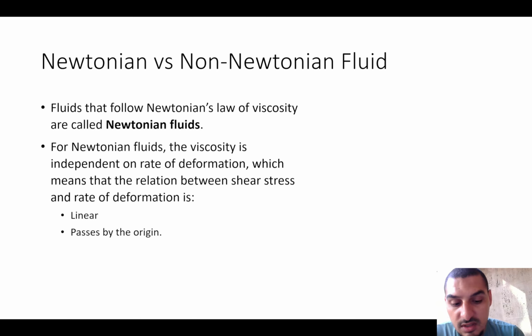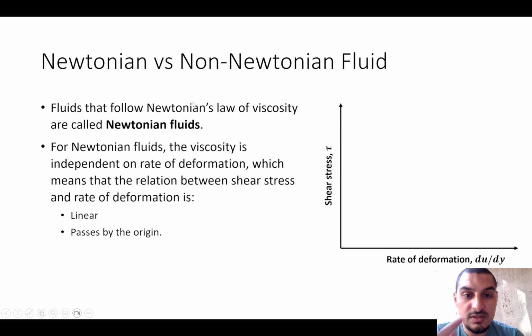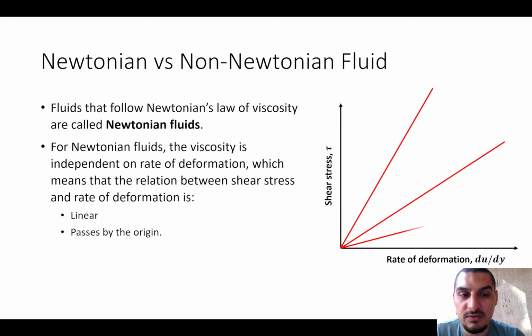So the Newtonian fluid satisfies two criteria. These two criteria are related to the shape of the relation between the shear stress and the rate of deformation. For any Newtonian fluid, as we saw before, for air, for oil, and for water, they all have two things in common.